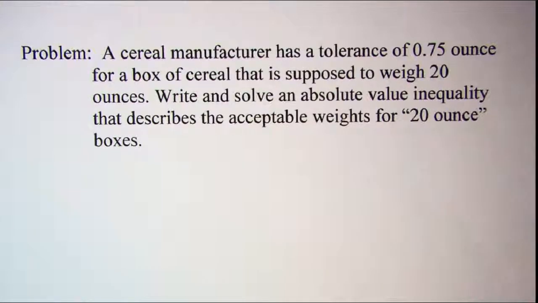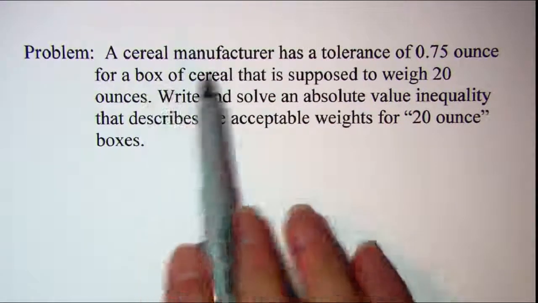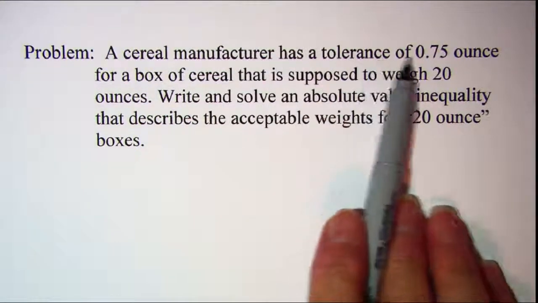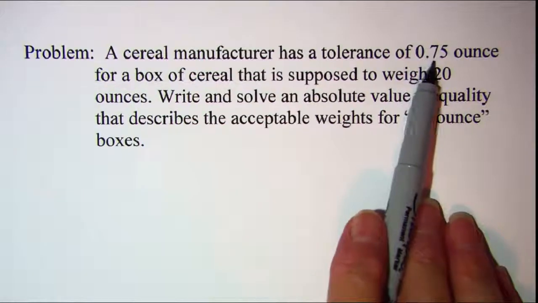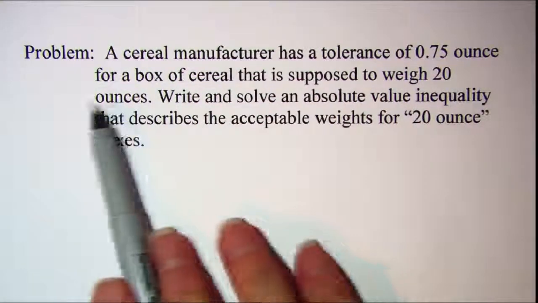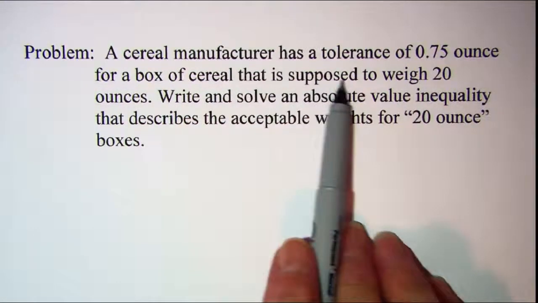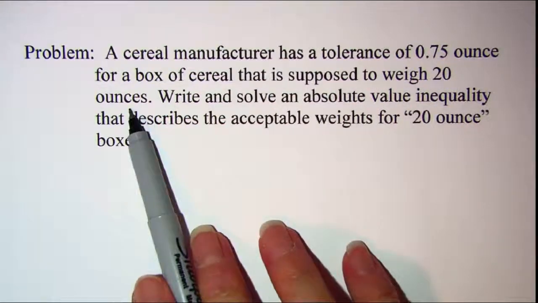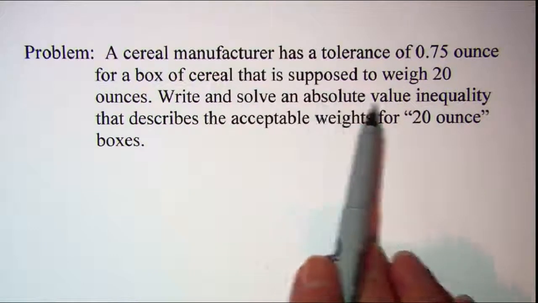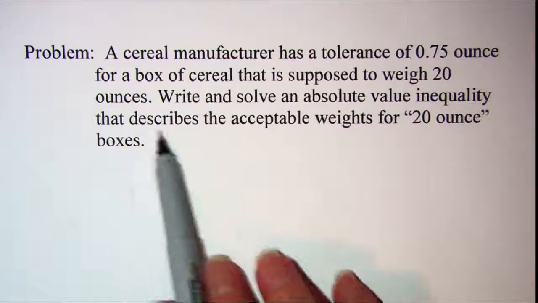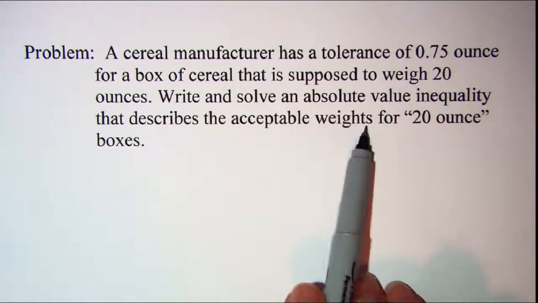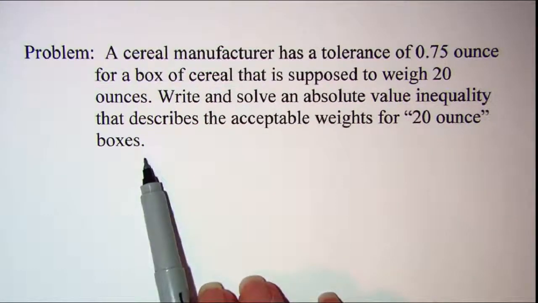So let's look at this problem. A cereal manufacturer has a tolerance of 75 hundredths of an ounce for a box of cereal that is supposed to weigh 20 ounces. Write and solve an absolute value inequality that describes the acceptable weight for 20-ounce boxes.